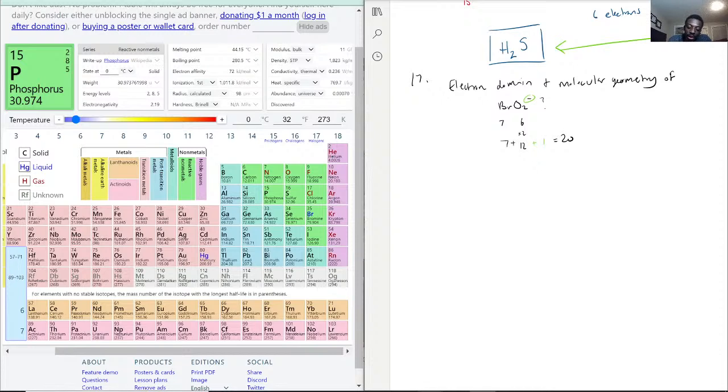Now, because bromine is the single one, I put that in the middle first, surrounded by 2 oxygens. Now we want to make sure we fill in 20 electrons. First let's do the single bond on each side.